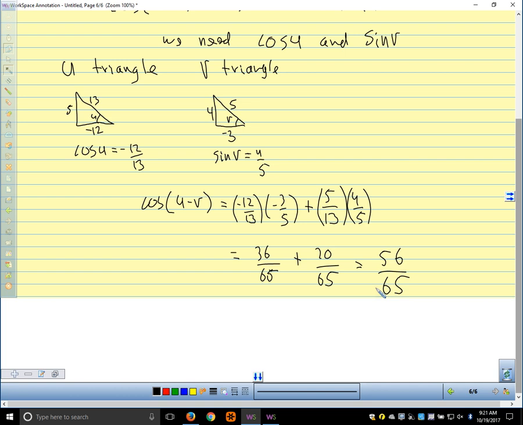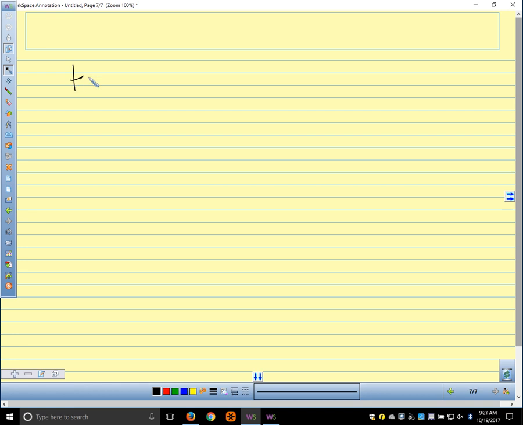One thing about the homework, when you do problems that involve the tangent of u plus v, tangent u minus v, you'll get answers that look like tangent u minus v is something like 1 plus the square root of 3 over 1 minus the square root of 3.